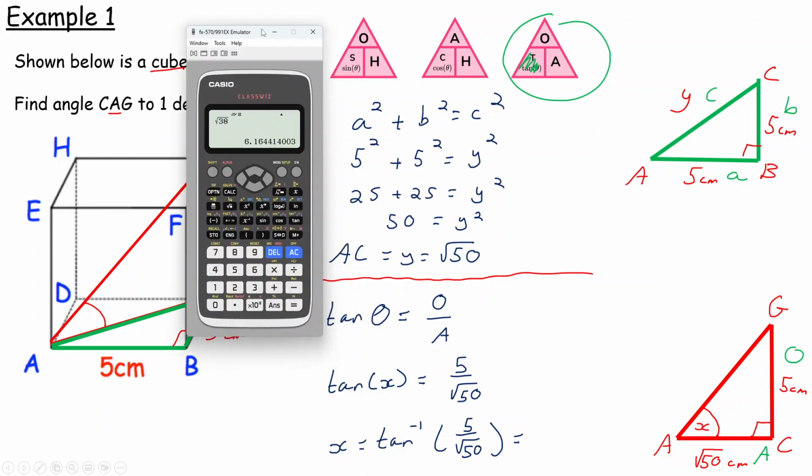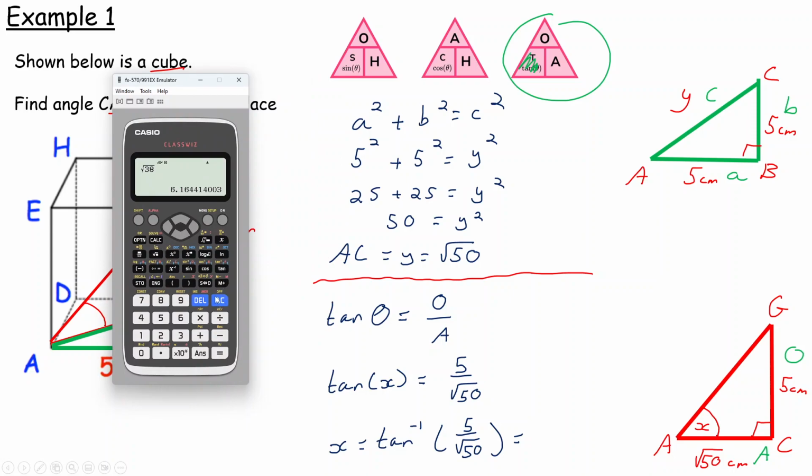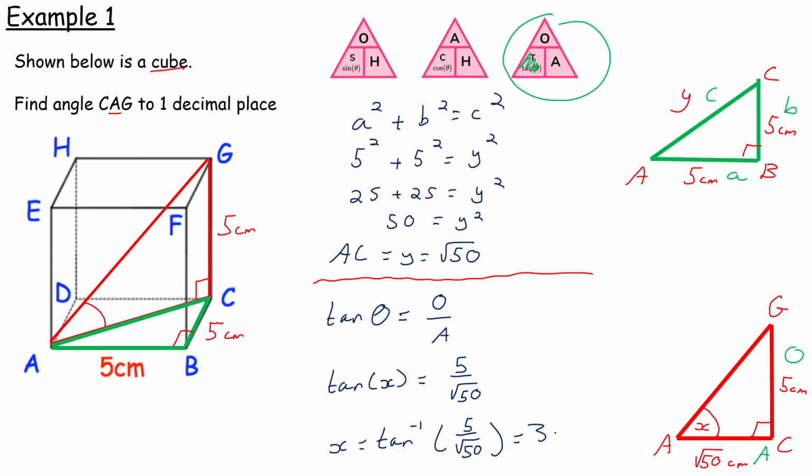And then we put this into our calculator. If you've got one similar to mine, if you've got a Casio, which I think are the best calculators, we go shift, you then go on your tan function, we go on to the fraction, and we go 5 over root 50, and then close the bracket, and then press enter, and we get 35.3 to one decimal place. So 35.3 degrees to one decimal place, because angle X, remember this, is angle CAG.